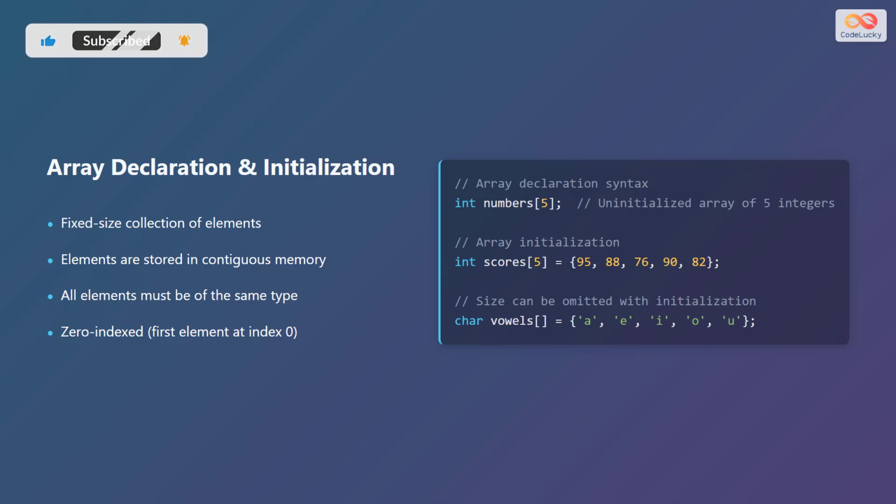When initializing an array, the size can be omitted, and the compiler will infer it based on the number of elements provided. For example, a character array named vowels is initialized with the characters a, e, i, o, and u. Note that each character is enclosed in single quotes.